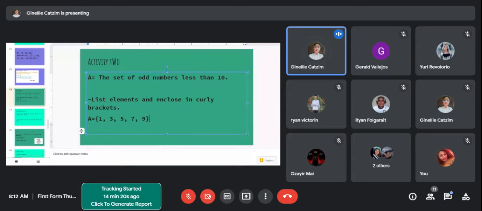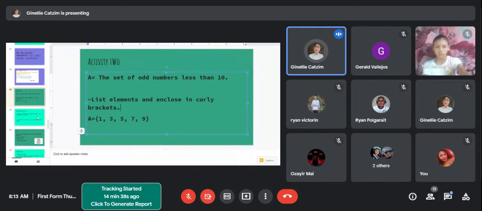So what we did here is we represented this set in another form, right? We not only have words now, but we have another form. So that is our topic for today, representation of sets.